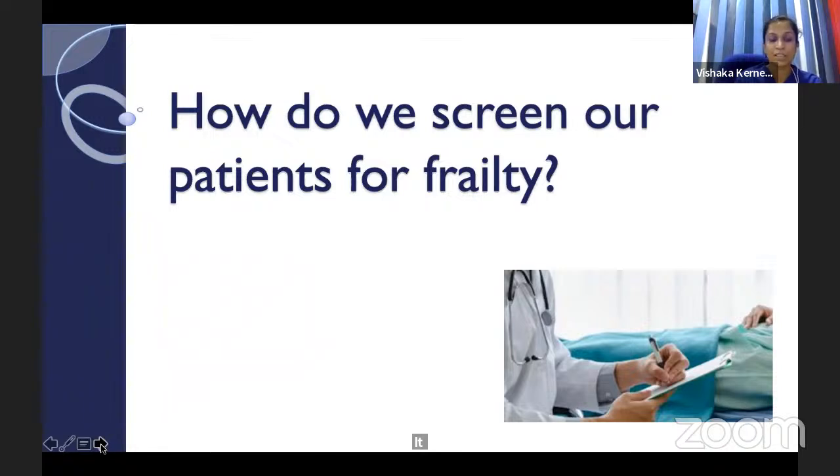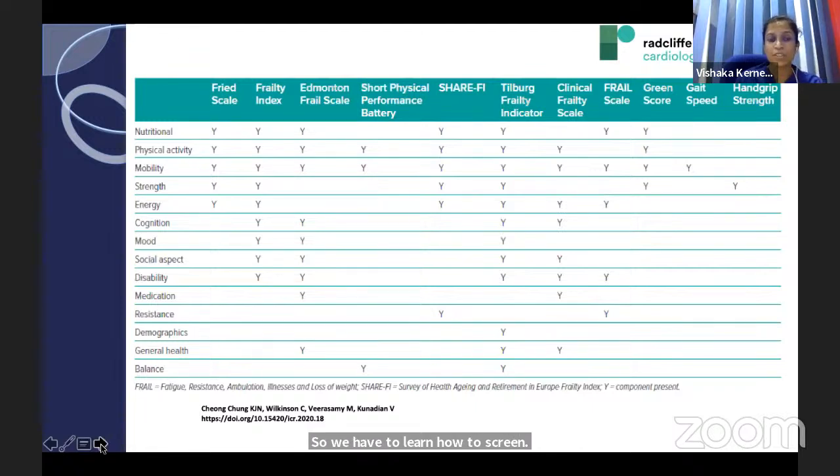So with that, sometimes we might not do it routinely in our clinical practice. So we have to learn how to screen. If you go to the literature, there are more than 50 screening tools that we can use for frailty assessment.